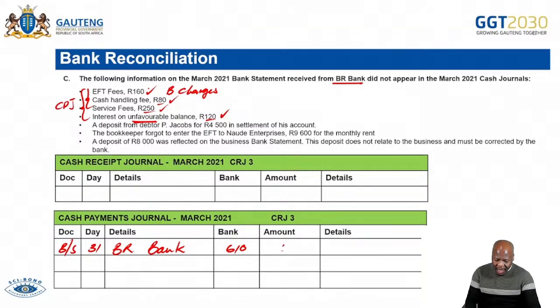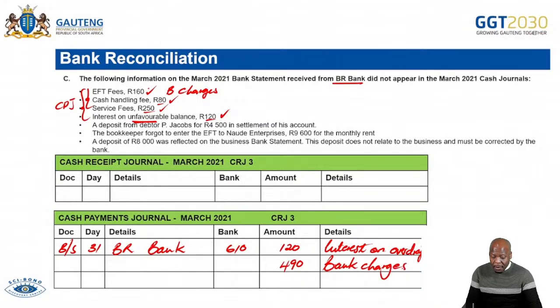So I'm going to say 120 is interest on overdraft. The difference between 610 and 120, how much is that on your calculator? 610 minus 120. How much do you get? You get 490. So the 490 therefore becomes my bank charges.